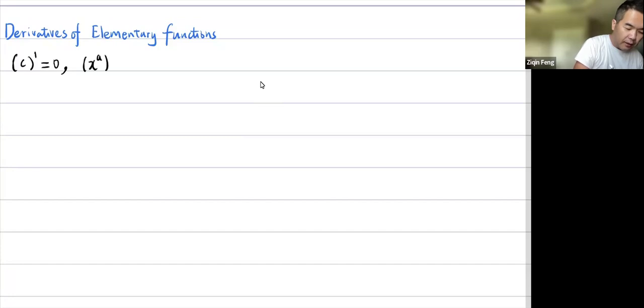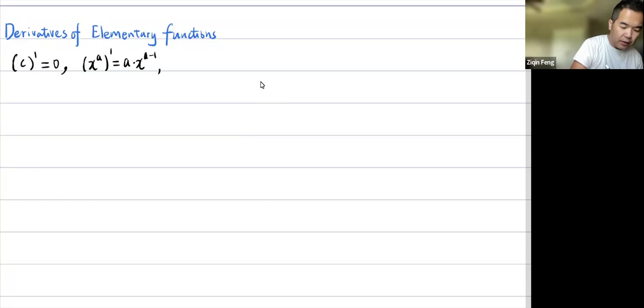And the first one is the easy one. If you have a constant, c prime is always 0. And then we go to the power function, which is x to the a. Prime is a times x to the a minus 1, right?